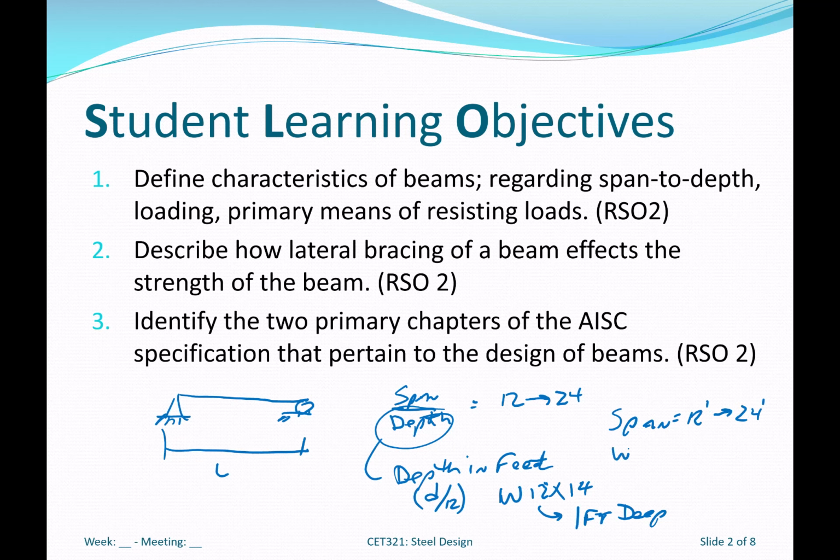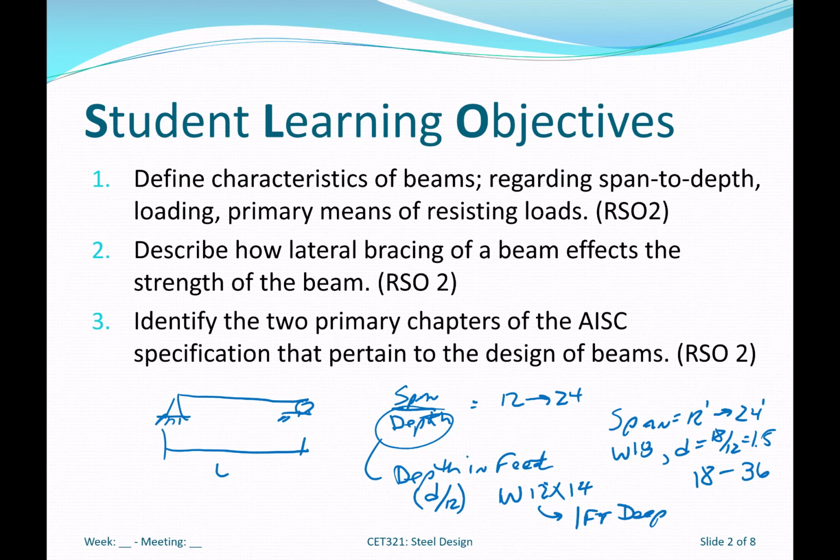If I had a W18, my D is 18 divided by 12, 1.5. So there I would have 18 to 27 feet, or I'm sorry, 18 to 36.